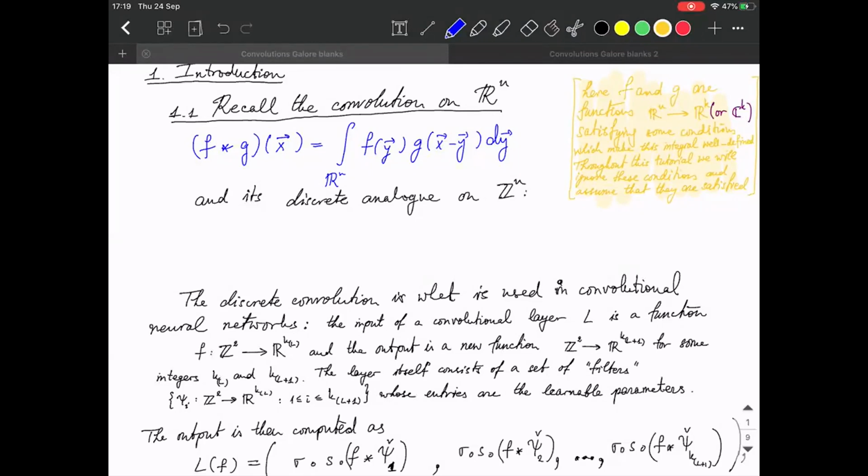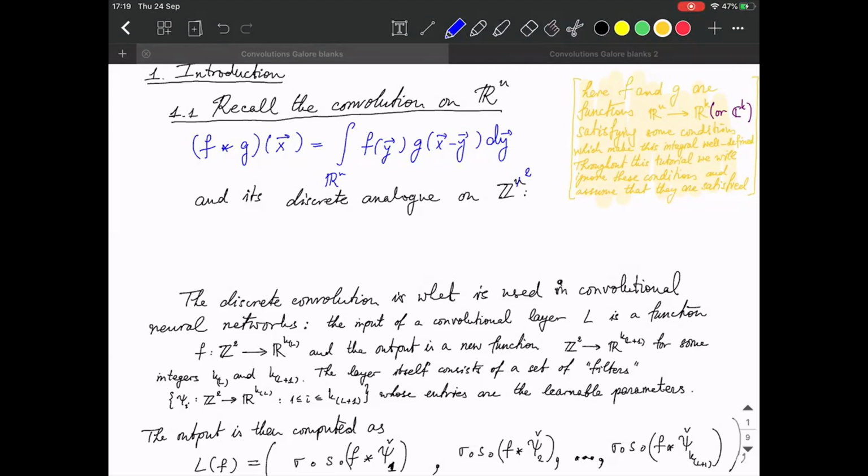Maybe a slightly more computationally tractable version is the discrete analog, on Z^n, so on an infinite square grid. Just for concreteness, let me work on Z^2.